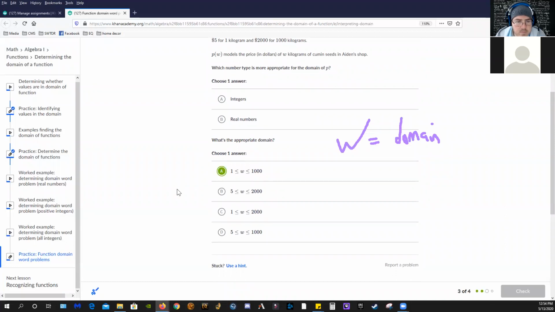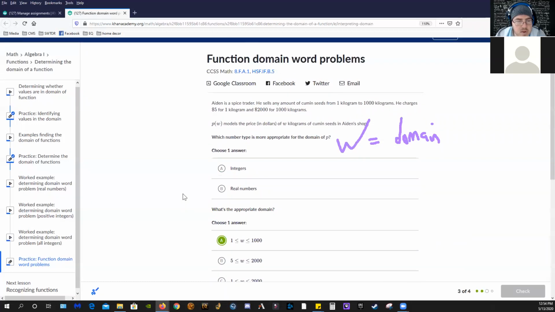Like that's the weight. The question is, will we do this in integers or real numbers? I could argue it both ways. Because it says he sells from 1 kilogram to 1,000 kilograms.